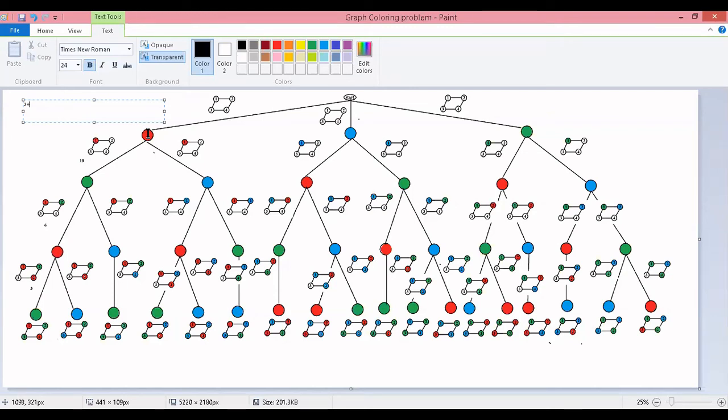So totally 6 times, plus this green color with this red color 3 times, plus with this green color 3 times. Totally it becomes 6. Again with this red color, totally it becomes 9. So 9 plus 9 is equal to 18.